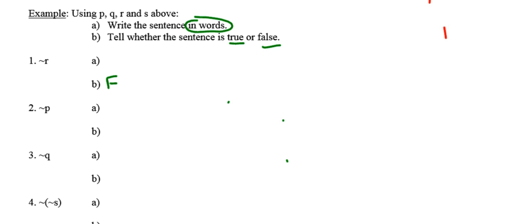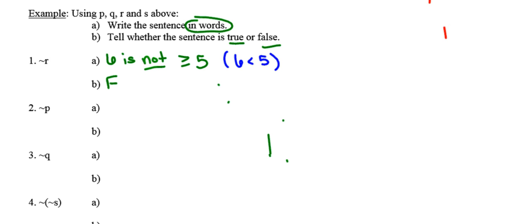Since R says 6 is greater than or equal to 5, not R is going to say 6 is not greater than or equal to 5. Or another way to say this would be to say 6 is less than 5. So you can either write what I wrote in green or what I wrote in blue. They both mean exactly the same thing and are both correct.